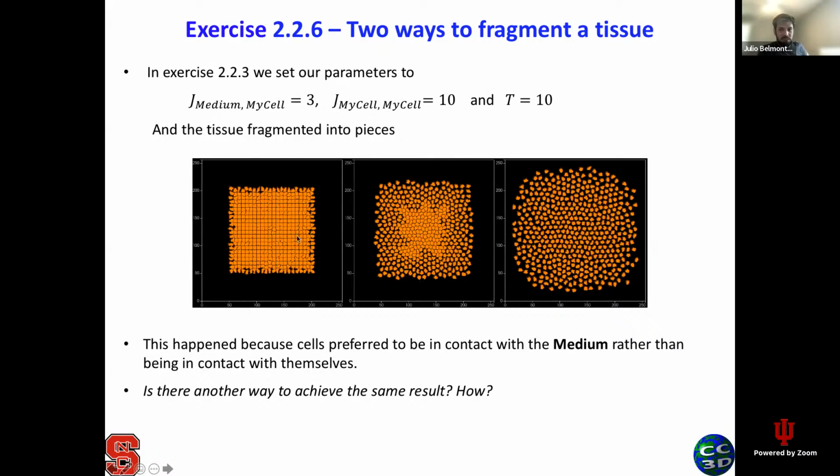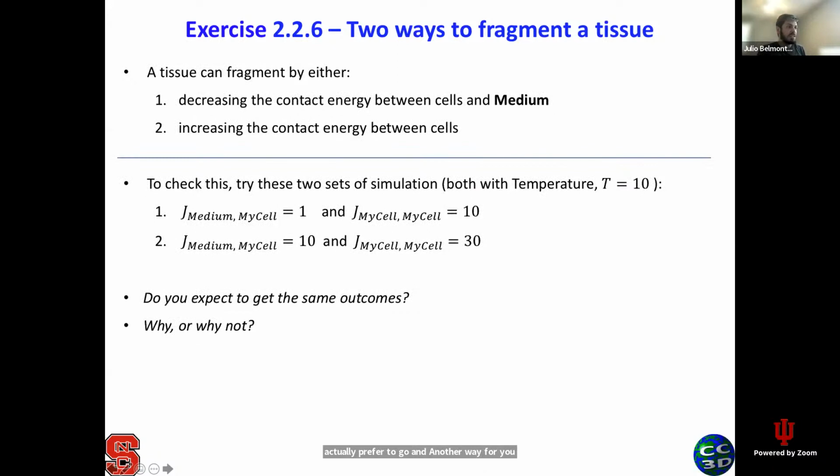Okay, so let's try the following. Here, both energies before were 10, and we decreased the contact energy between cells and medium, and that induced the cells to prefer to be in contact with the medium. Another way to induce fragmentation is to keep the energy between cells and medium at 10, and increase the energy between the cells.